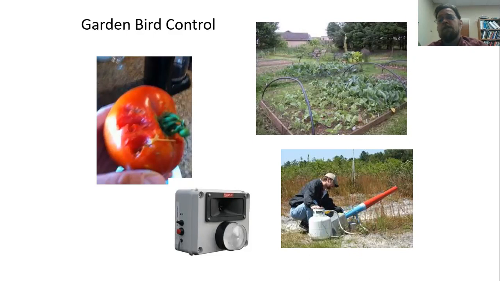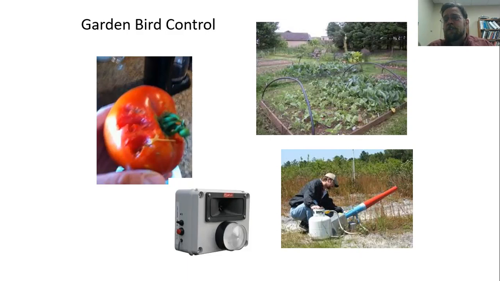And you want to move those things around in the landscape to keep changing it up, because just like anything, after a little while, the birds get used to it. Even the fake owls that you can set up do have some impact and help with birds a little bit. But again, you need to move them around because eventually they'll figure out that it's not moving and they'll lose their fear of it.